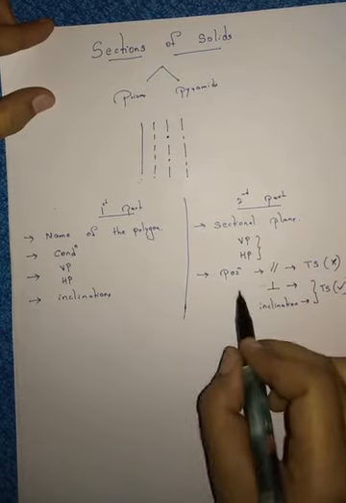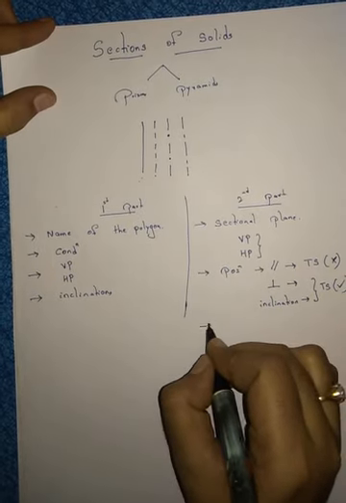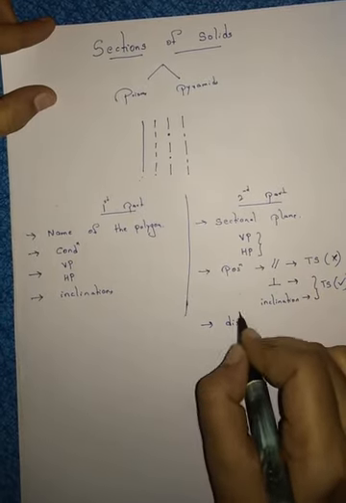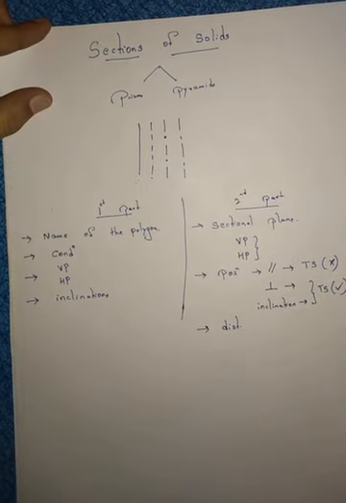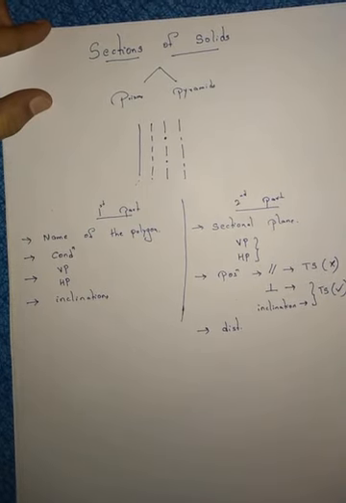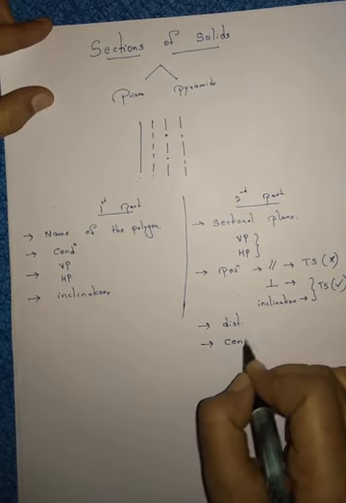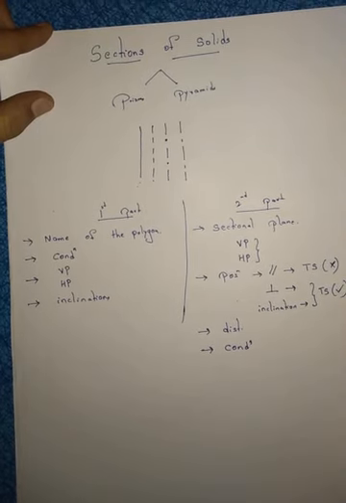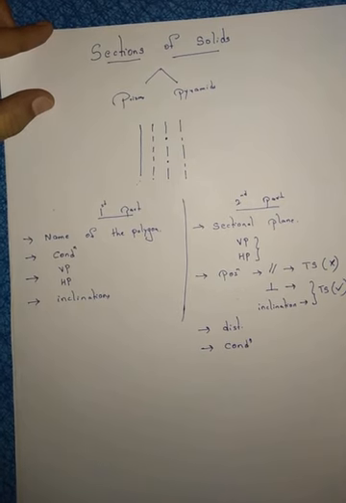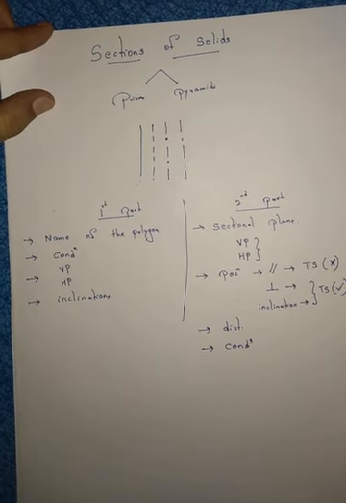Next they will mention the distance at which we have to draw the sectional plane, 10 mm, 20 mm. Next they will mention the condition: 10 mm from the bottom face, 20 mm from the top face, 30 mm right side from the axis.